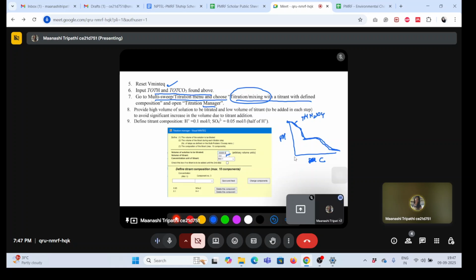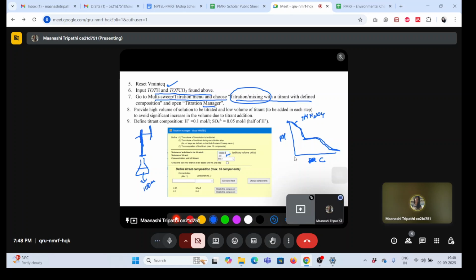For example, if we have a burette, we are putting some titrant, and we have a conical flask which is called the titration flask. When we titrate, how much solution do we take? 100 ml, 50 ml, 200 ml, like that, right? Let's say 100 ml.